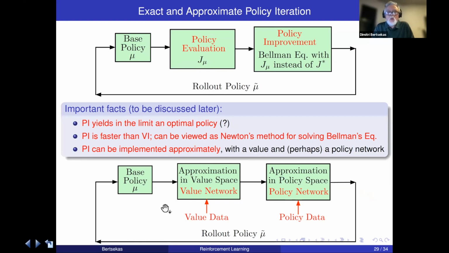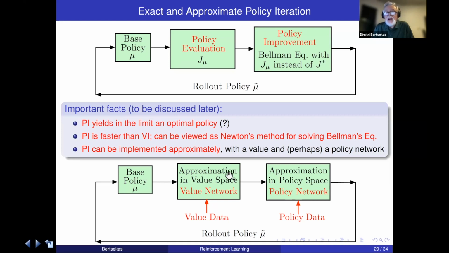In other words, we obtain state cost pairs associated with the base policy, a training set associated with this base policy, and we fit some kind of an approximation architecture, like a neural network. This is one possibility. There are other possibilities also. In AlphaZero, this is what is done, except that there are some variations, but that's the main idea.